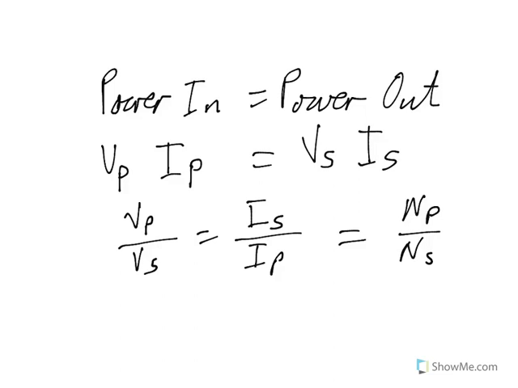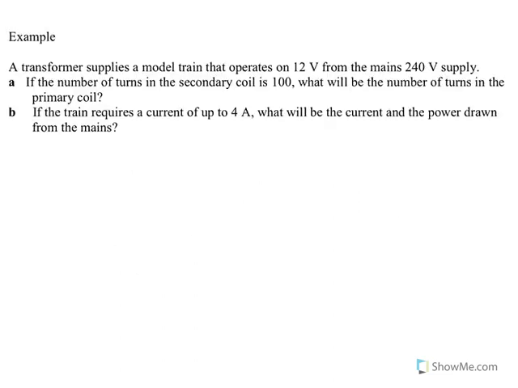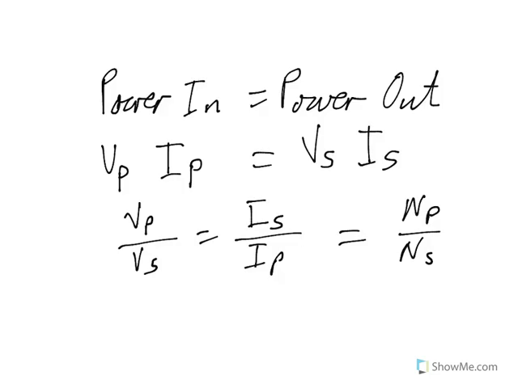So here's an example. Alright, so here's something that's fairly typical. A transformer supplies a model train that operates on 12 volts from the mains of 240. If the number of turns in the secondary is 100, what's the number of turns got to be in the primary coil? Alright, so we've got voltage and numbers of turns.